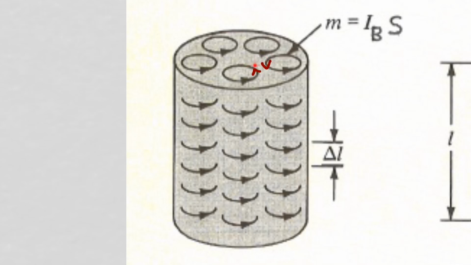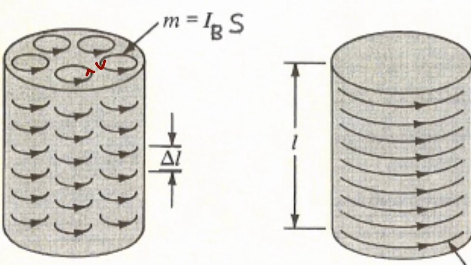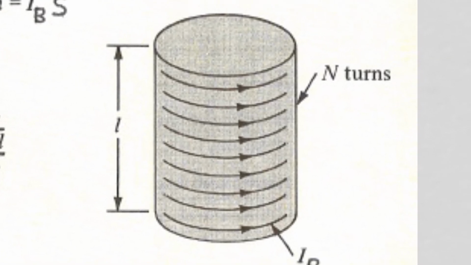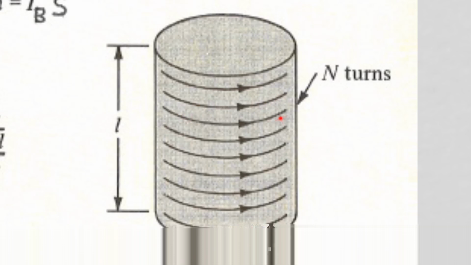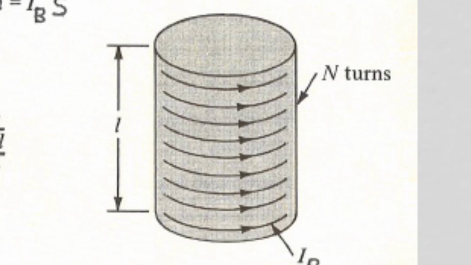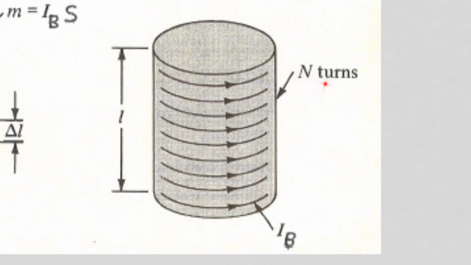The atoms on the outer perimeter, though, will not have an adjacent atom to cancel the current, so you can think of the bound currents as just flowing around the perimeter of the material. So here's the view of the bound currents going around our cylinder. N is the number of layers of atoms inside this cylinder, so N is the number of bound currents going around the cylinder.